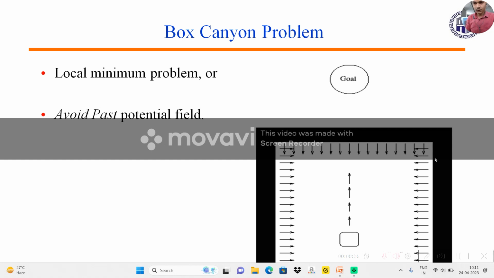This is the dead end where, if the robot goes inside it, there will be no chance to reach the goal. So for avoiding these types of box canyon problems, we avoid the past potential field.